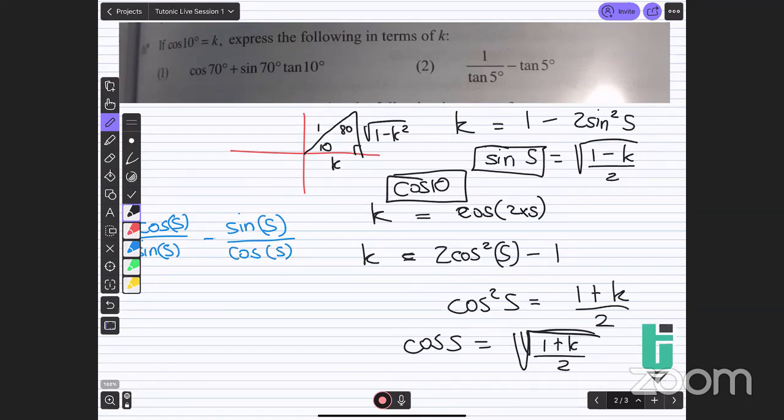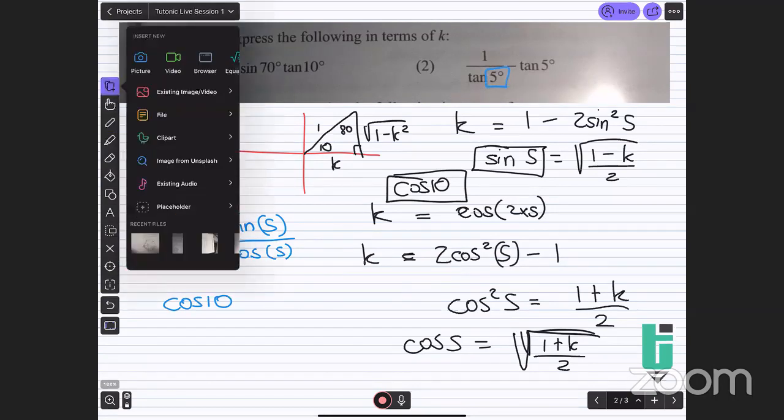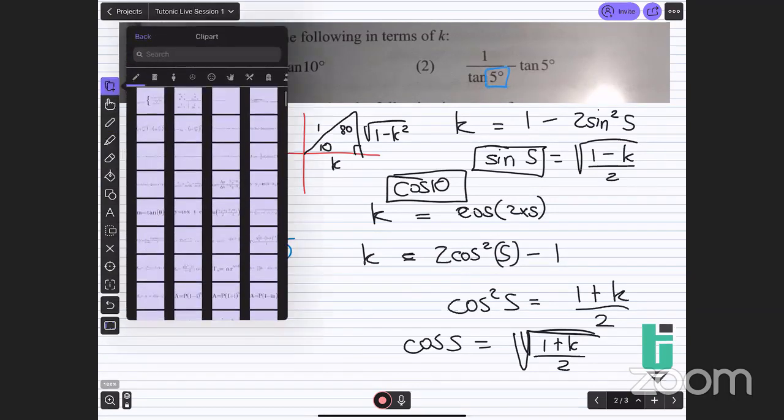Yes, please. Okay, so we said that cos 10. Because they asked for 5, I'm just thinking double angle somewhere. We know that cos 10 equals k, but we could also apply the double angle formula.